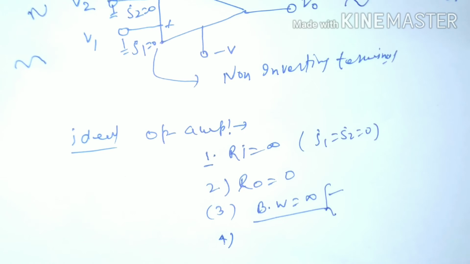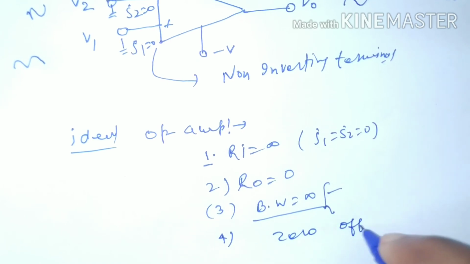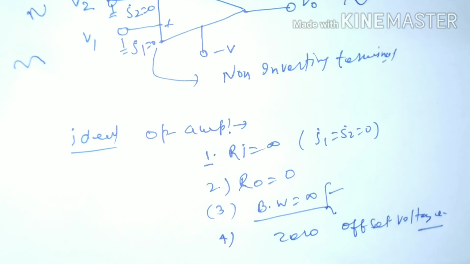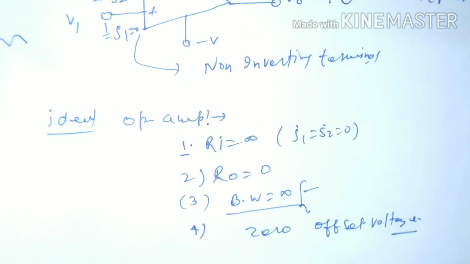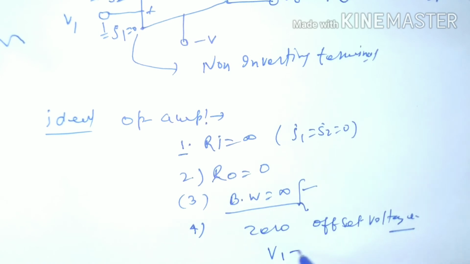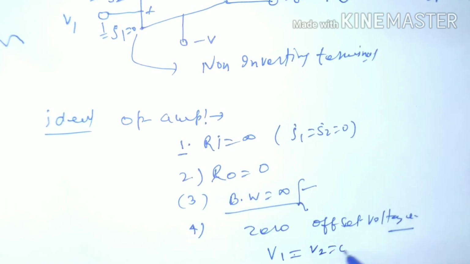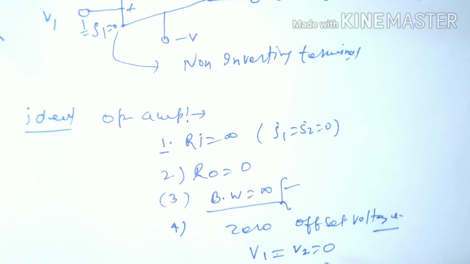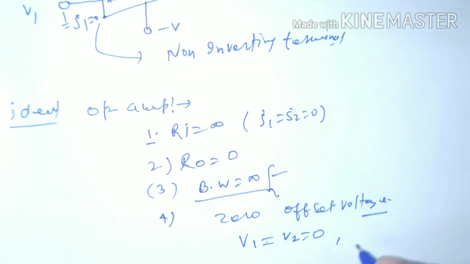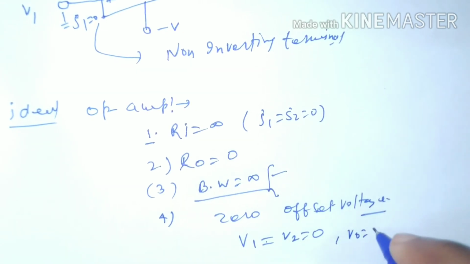The fourth one is that it has zero offset voltage. Zero offset voltage means that if we apply both input voltages V1 and V2 equal to 0, then its output voltage will again be 0.